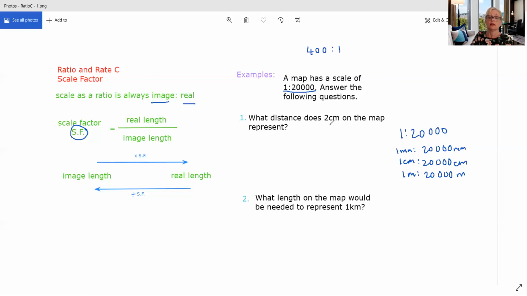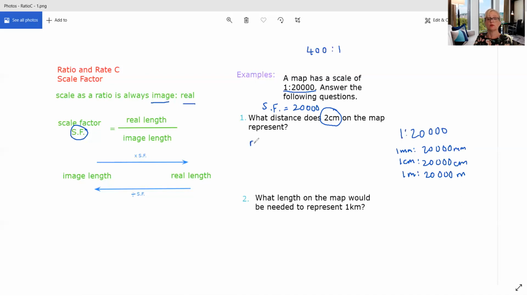Okay, let's have a look at this one here. So 2 centimetres on the map. If we have a scale of 1 to 20,000, then our scale factor is 20,000. That means that everything in real life is 20,000 times as big.